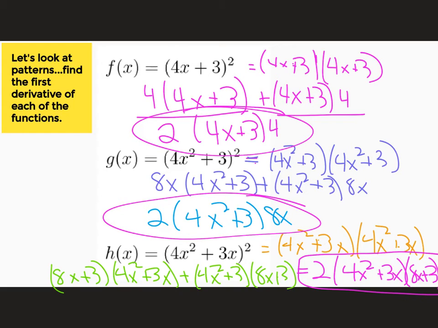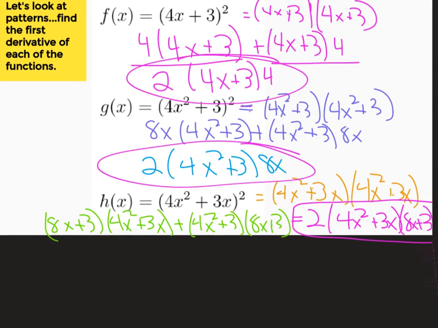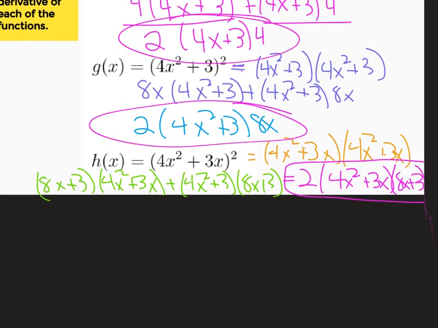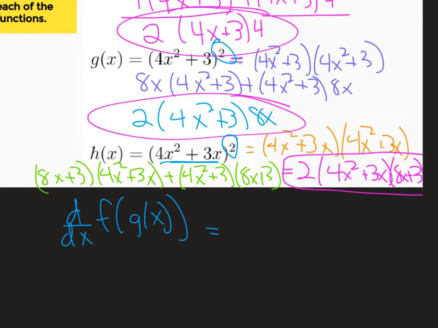Now, I want to finish this because I think we need just like 1 or 2 more pieces. Maybe I just need to solidify it for you. Hopefully you figured out the pattern. If you haven't, here's what it is. If you have a function with a function inside it, and you want to take the derivative, you should recognize you take the derivative of that something squared by bringing the 2 down.